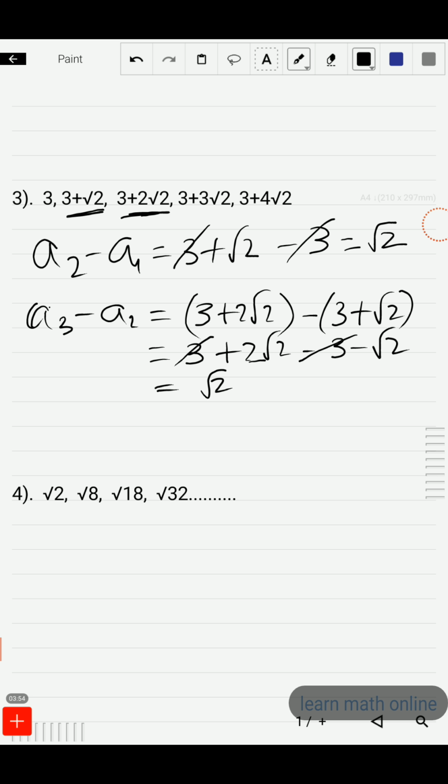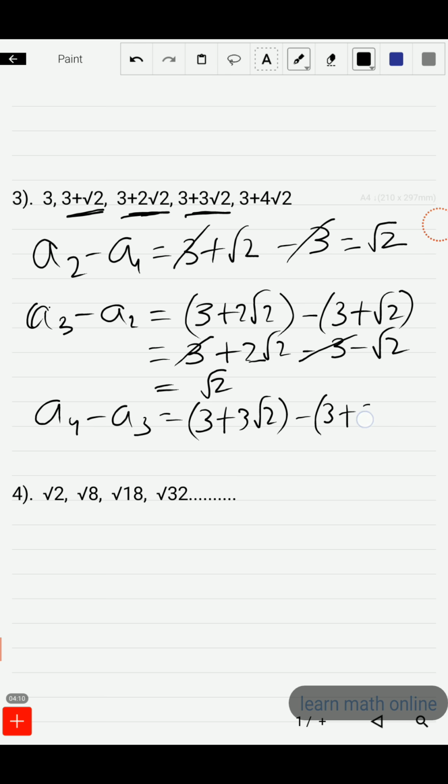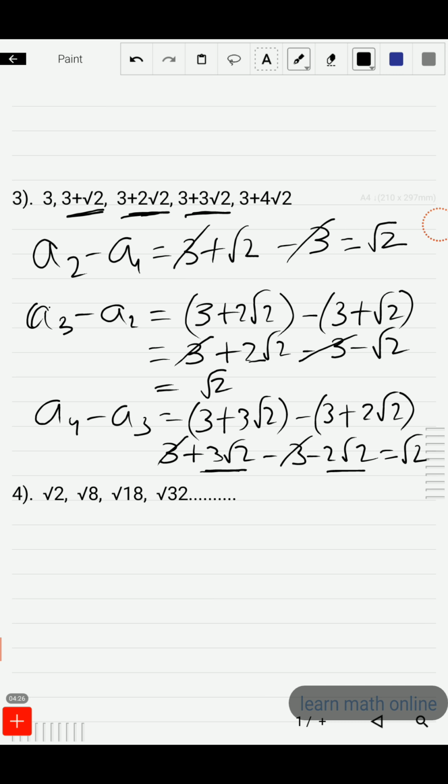Now A4 minus A3. This is A4, so this is 3 plus 3 root 2 minus 3 plus 2 root 2, that is 3 plus 3 root 2 minus 3 minus 2 root 2. Minus 3 plus 3 will become 0. We have 3 root 2 minus 2 root 2, which gives us root 2.